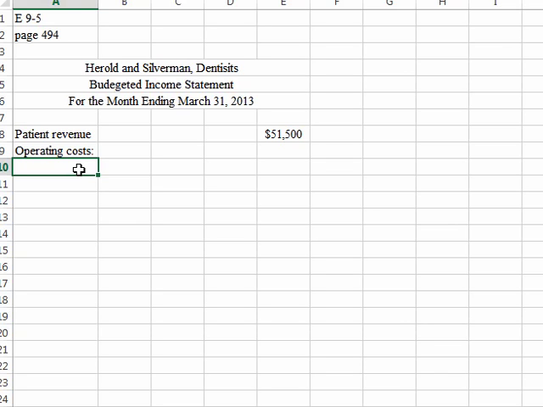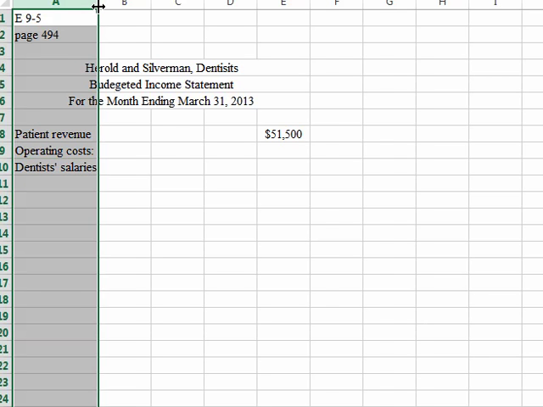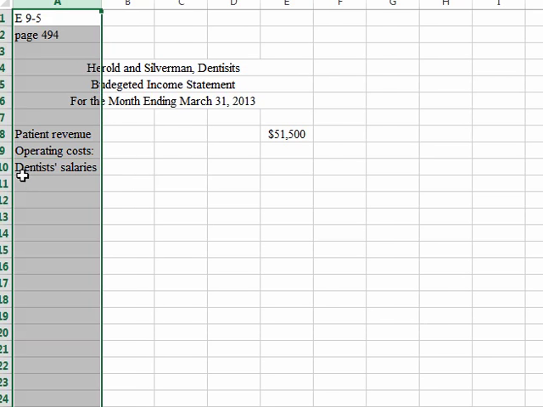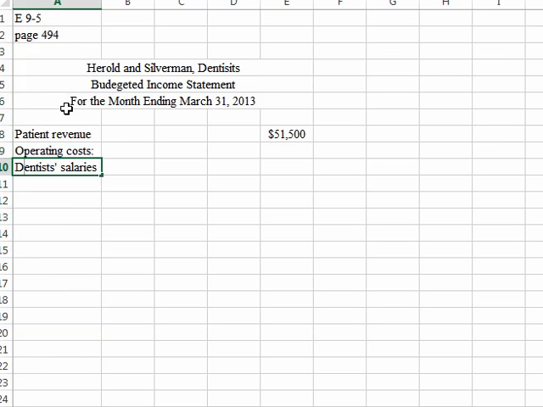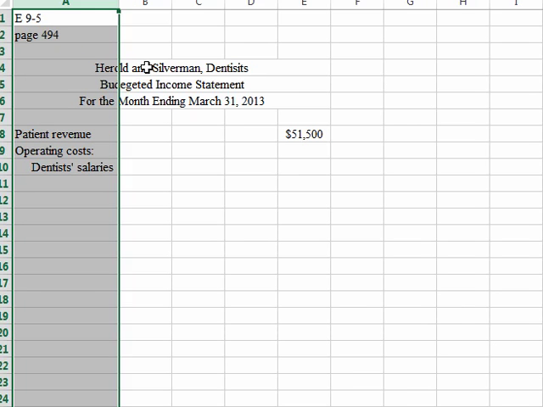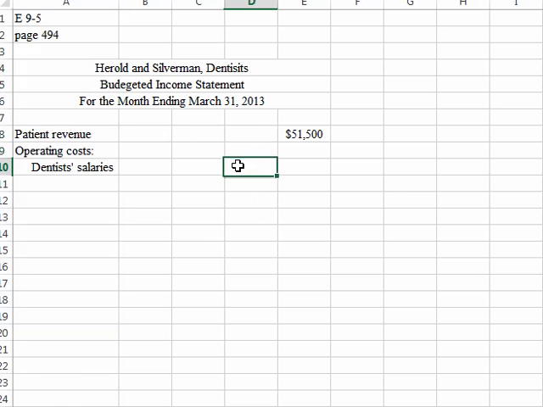Dentists' salaries. Okay, and we expect the dentist salaries to be $23,800.